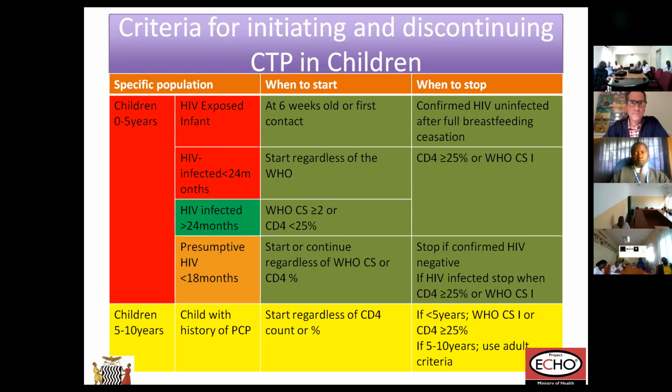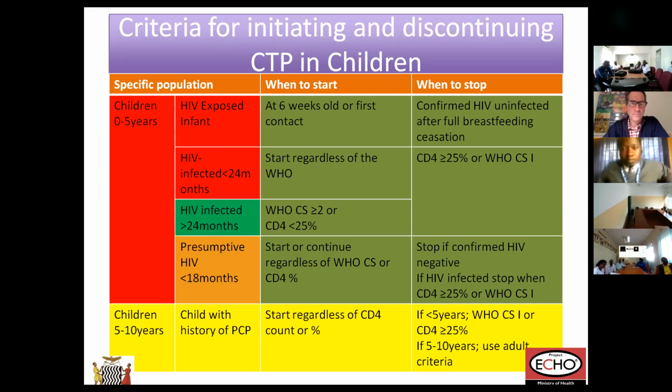And then you can only stop if the child is confirmed HIV uninfected or HIV negative after full breastfeeding cessation. That is if you follow the testing algorithm for infants. So it is after full breastfeeding cessation, and if it's confirmed that the child is HIV uninfected, that's when you can stop.